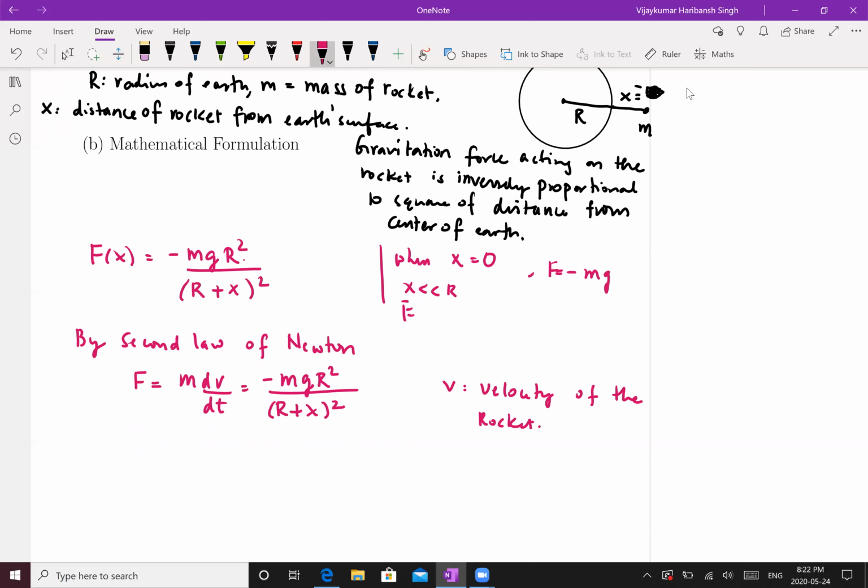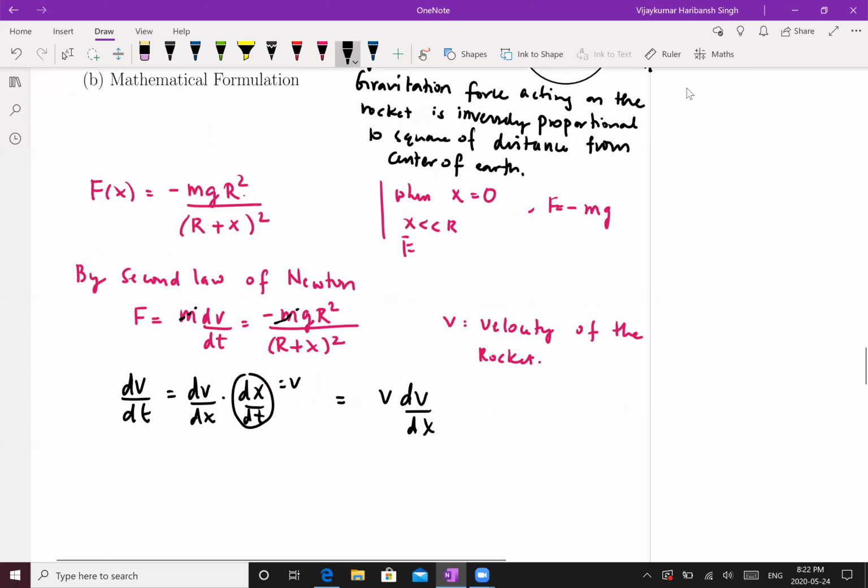So we can cancel these guys off. Note that we want to treat v as a function of x instead of a function of t. So dv by dt is the same as dv by dx times dx by dt. But dx by dt is v. Therefore this equals v dv by dx.